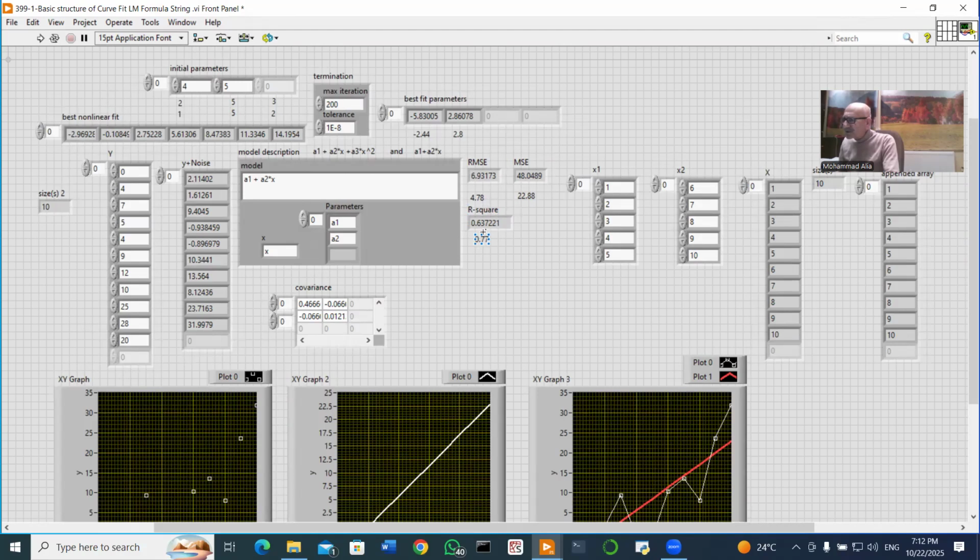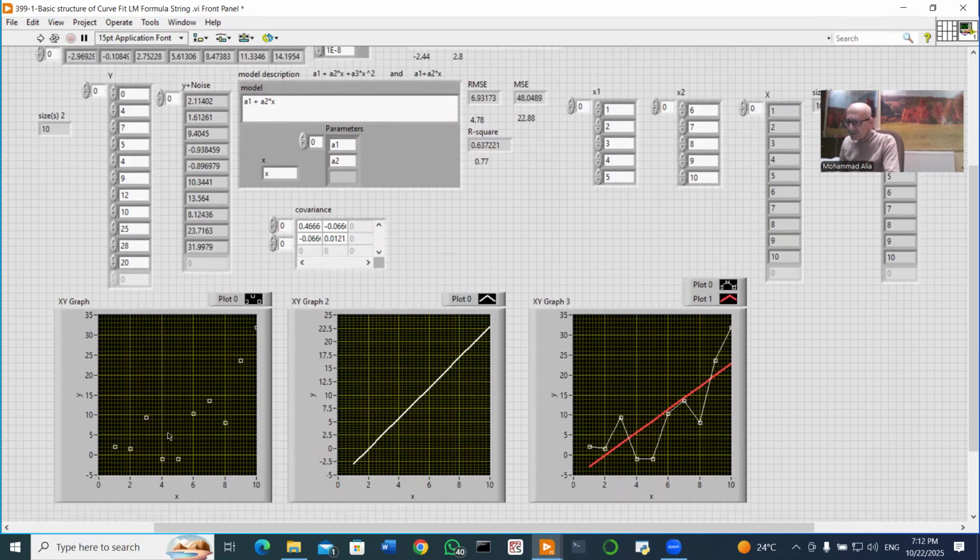Now it is 0.63, which means it is less appropriate. It is not as good as what we had when we used a third term, or a parabolic nonlinear function. But it depends on what you want, and on the character of the points here.